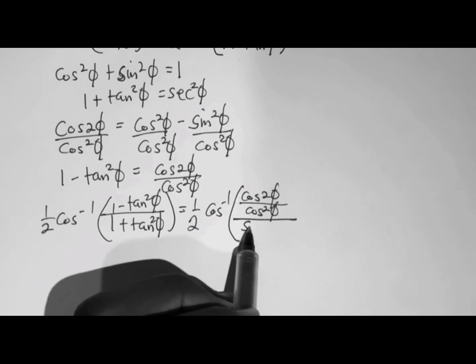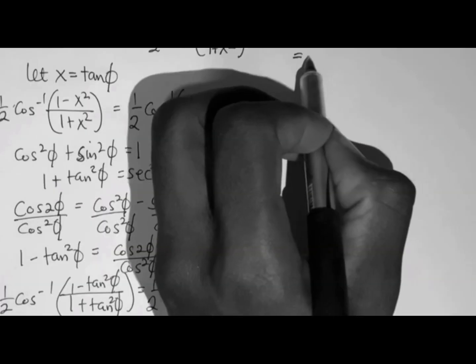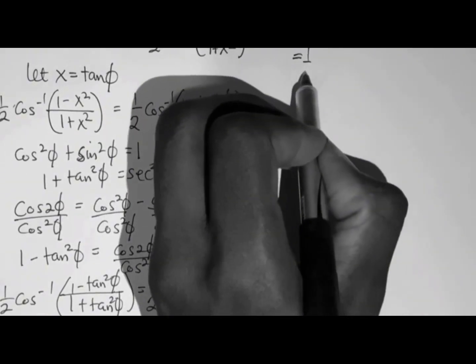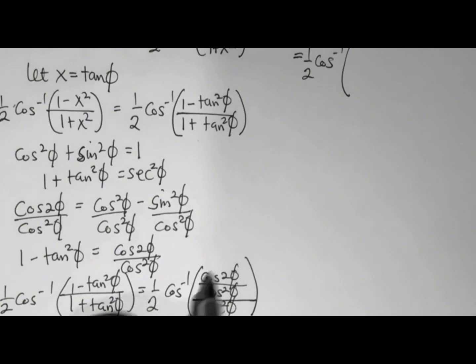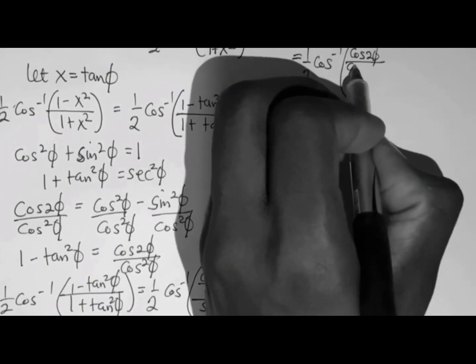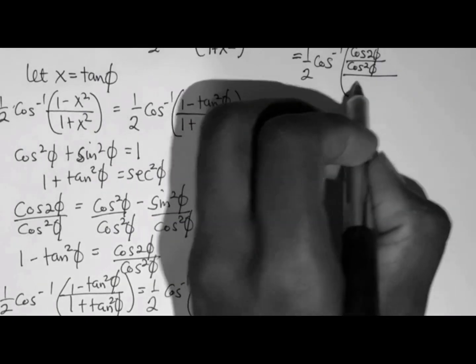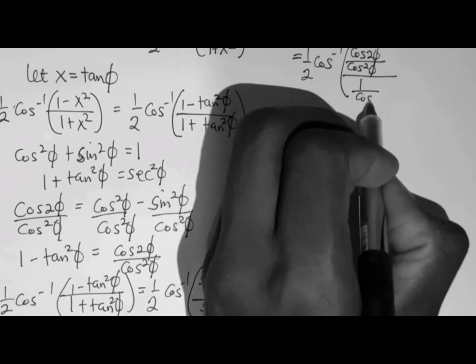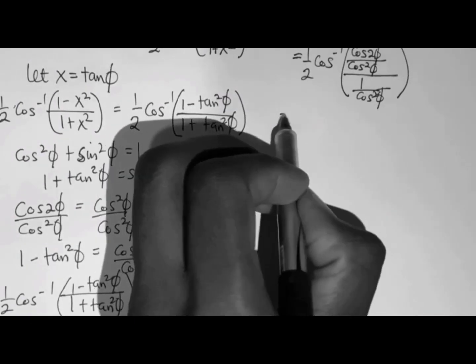So all divided by sec squared phi. So this is equal to cos inverse of cos 2 phi divided by cos squared phi, then divided by 1 divided by cos squared phi, because sec squared phi is 1 divided by cos squared phi.